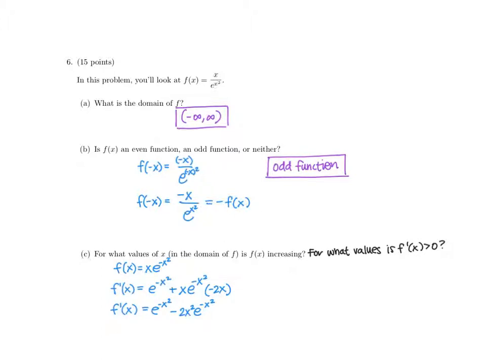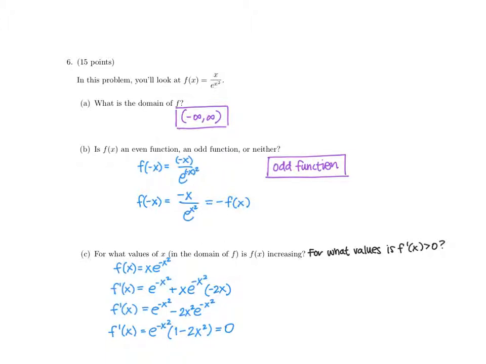And the first thing to do there is to note that there is a common factor in both terms, right? It's e to the negative x squared. Let's factor it out. And so now this is great because I want to know where this is equal to 0 to find critical points. We have a product of two terms, e to the negative x squared and 1 minus 2x squared, and their product is 0, so one of them has to be 0.